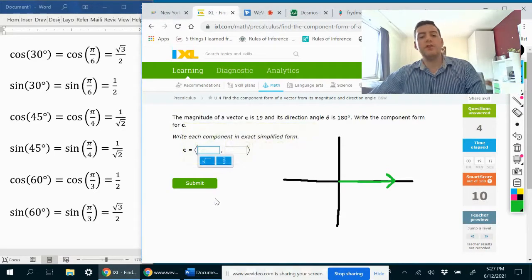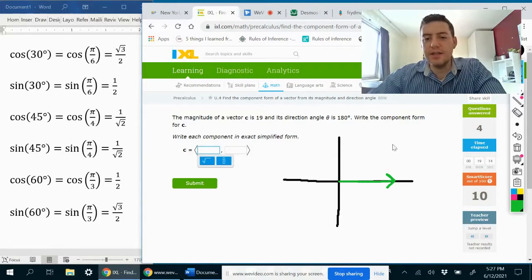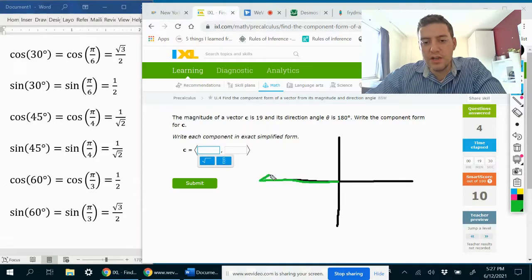The magnitude of a vector c is 19, and its direction angle is 180 degrees. So 180 degrees means we're going over here, and the magnitude is 19. So imagine a vector which is 19 units long, but moving to the left because the direction angle is 180 degrees.